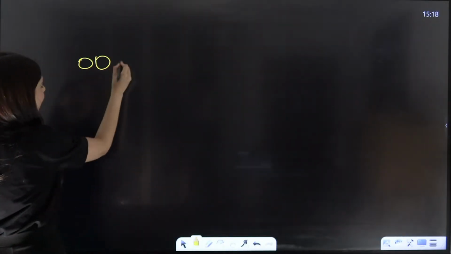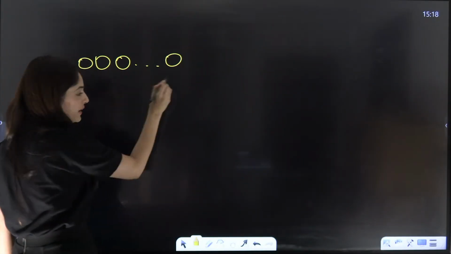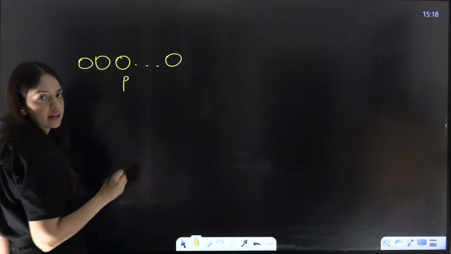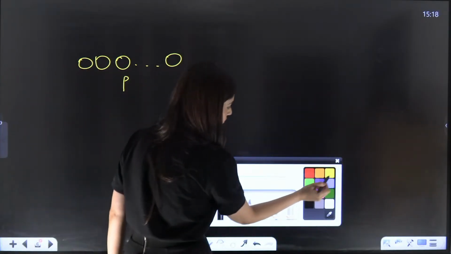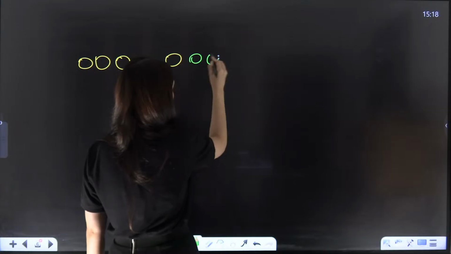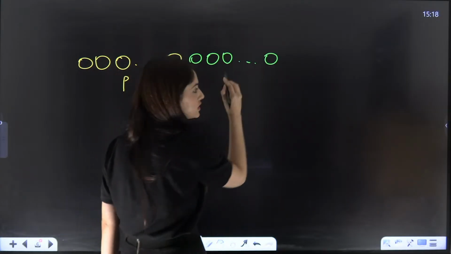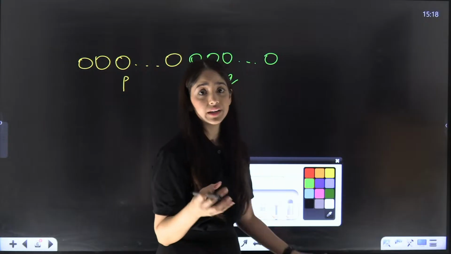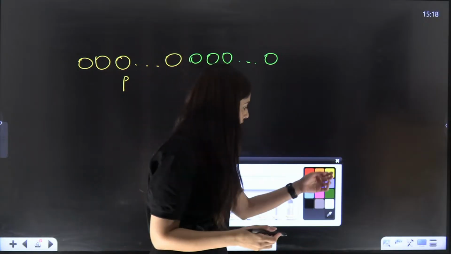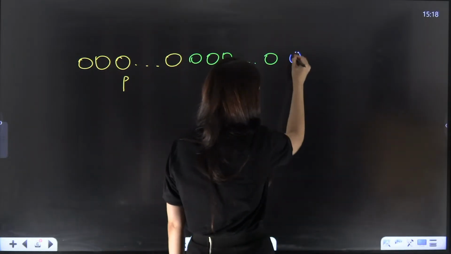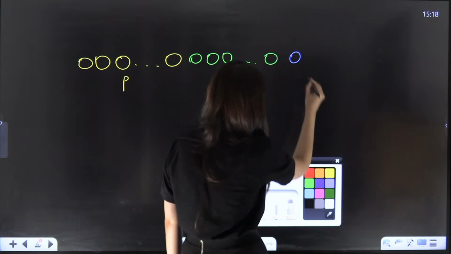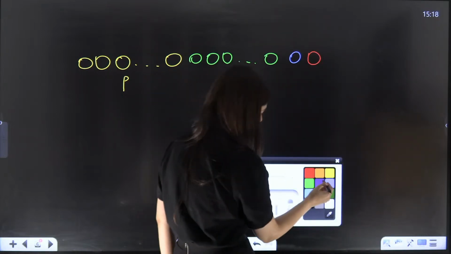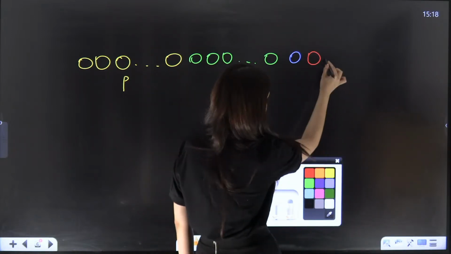So, let's say we had p objects of one kind and then q objects of second kind, and we said the rest, n minus p minus q, were all distinct.